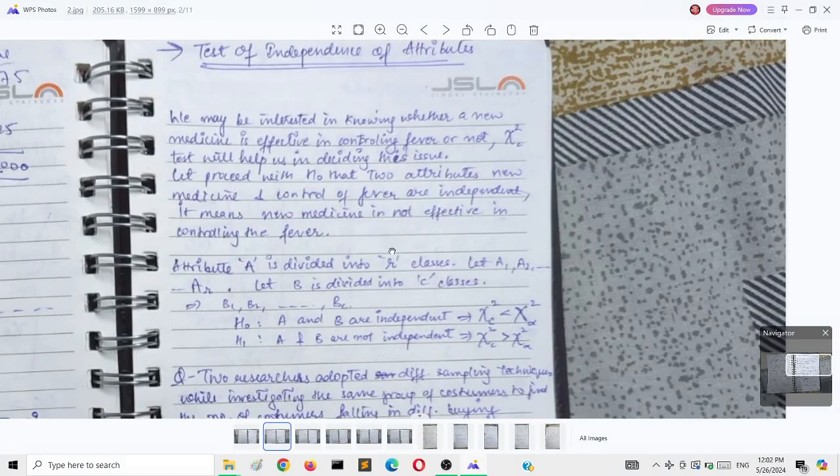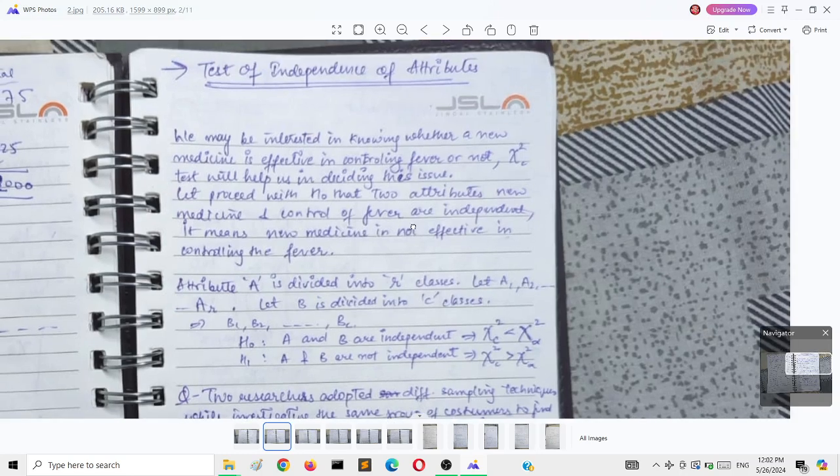Let's proceed with H naught, that the two attributes, new medicine and control of the fever, are independent. One attribute is the new medicine, and the second attribute is whether it is able to control the fever or not.